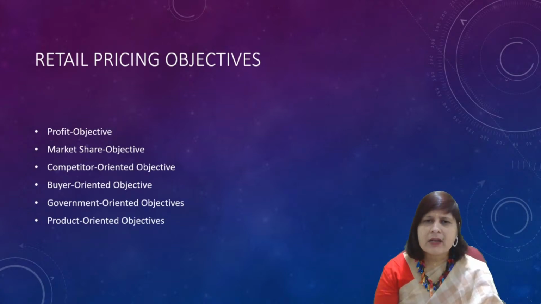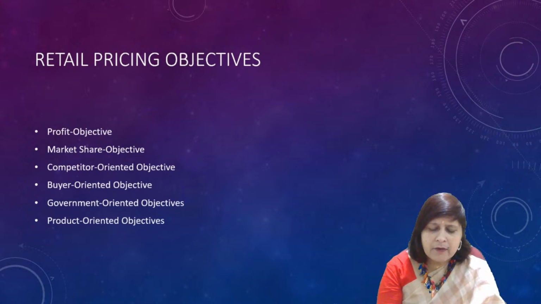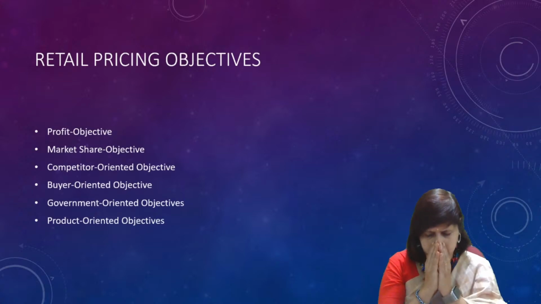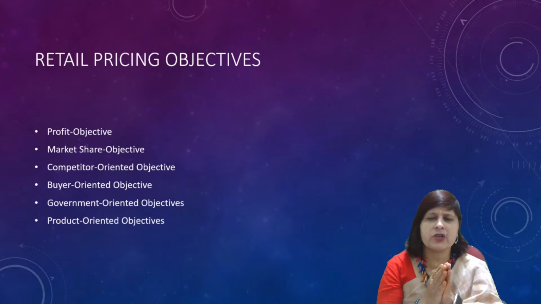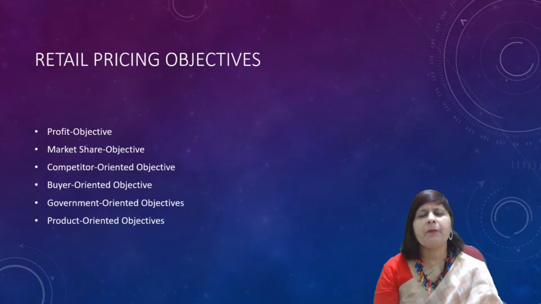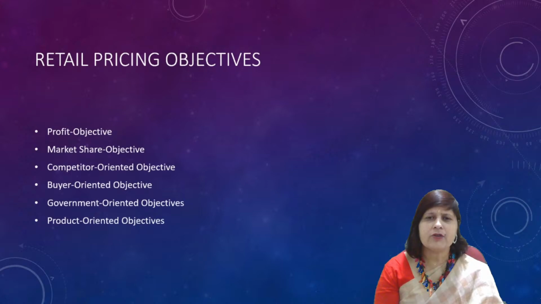Next is market share. When you want to grab more market share, according to your market share plans, you keep the price of your product accordingly. So market share plays an important role.